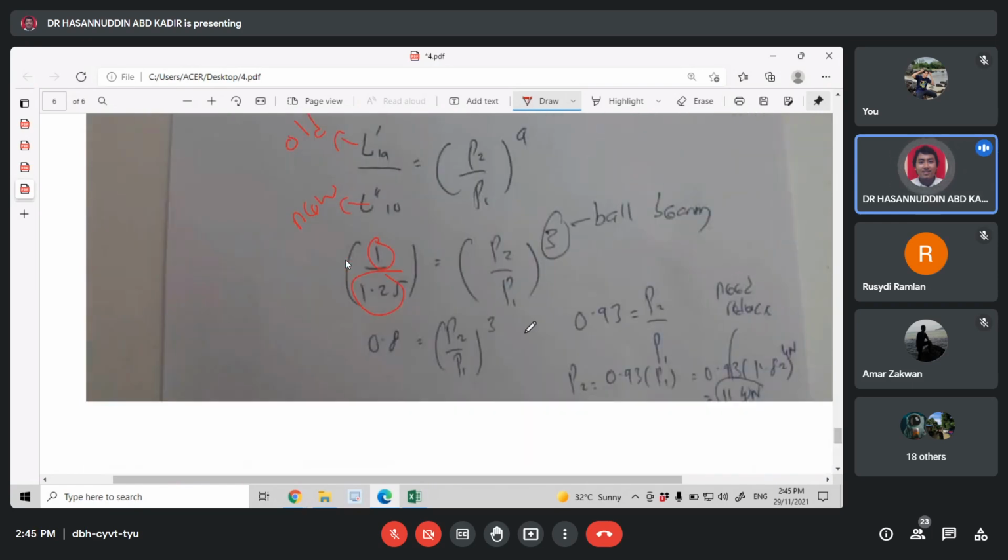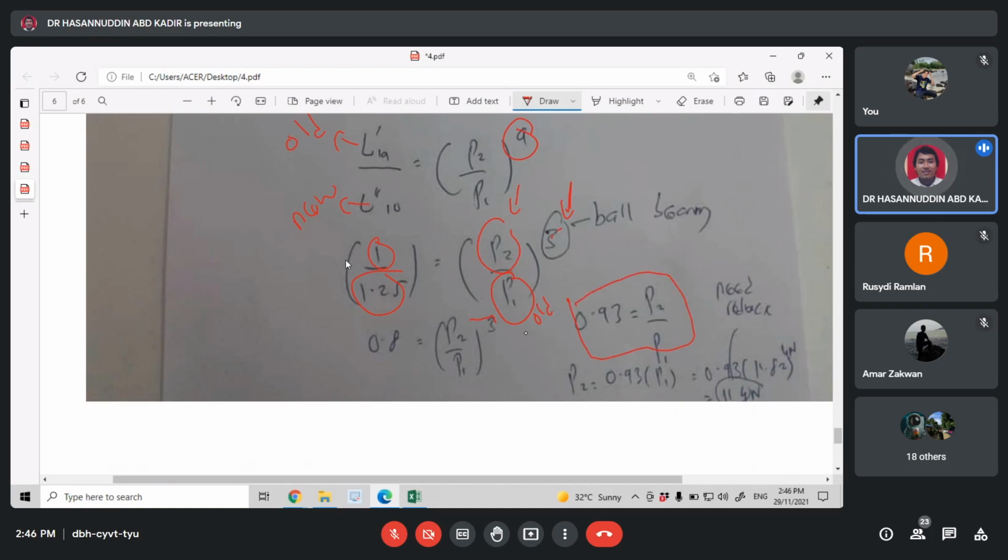So we get the P2 and P1. P1 basically we calculate from the old, and we need to find the value of P2 here. So you have to pastikan ni betul lah. Kamu ni ball bearing is 3 for the A, then kamu buat punca kuasa 3, kamu readjust ni, and then you can get the value here first.